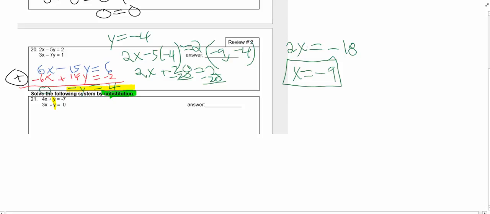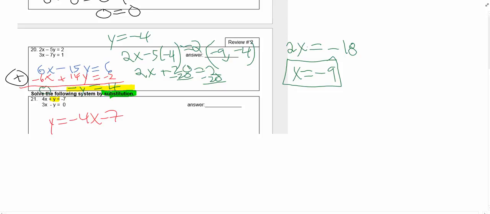So I think I'll use the first equation, and I'm going to solve for this y right here. So how would you do that? You would subtract 4x, and you would get y equals negative 4x minus 7.